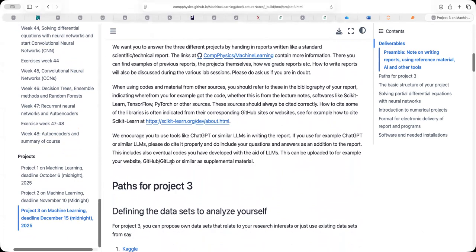If you've been using it to write fractions of your report, we would like to see what ChatGPT or any of these large language models actually suggested. This helps us see whether people have used these tools or not.